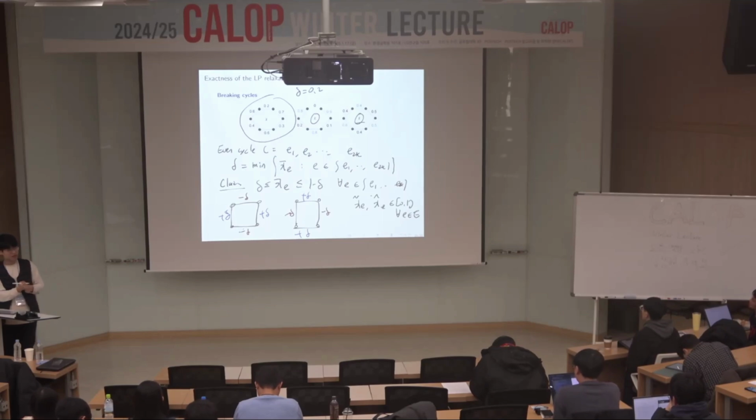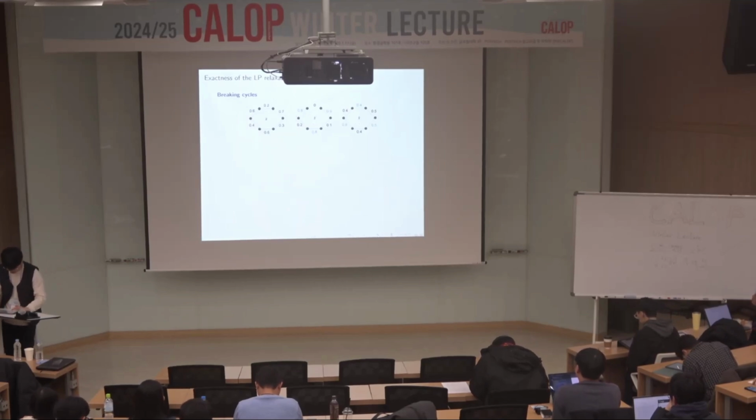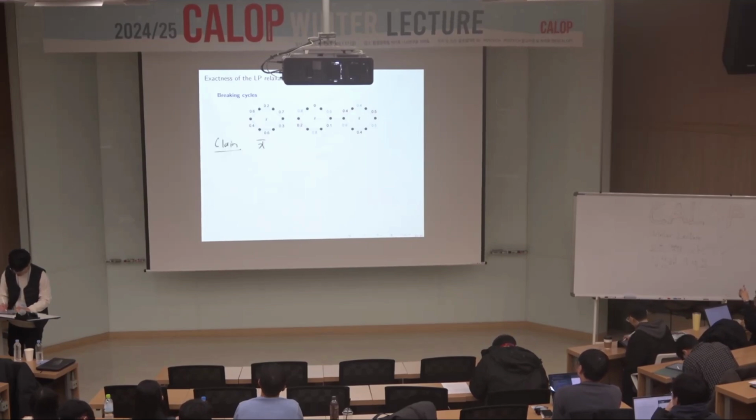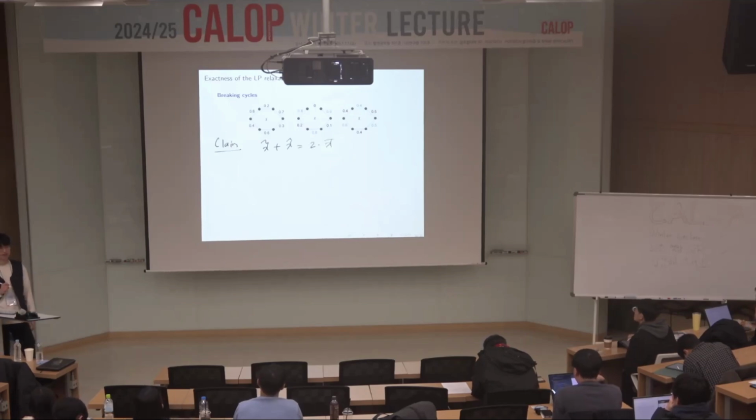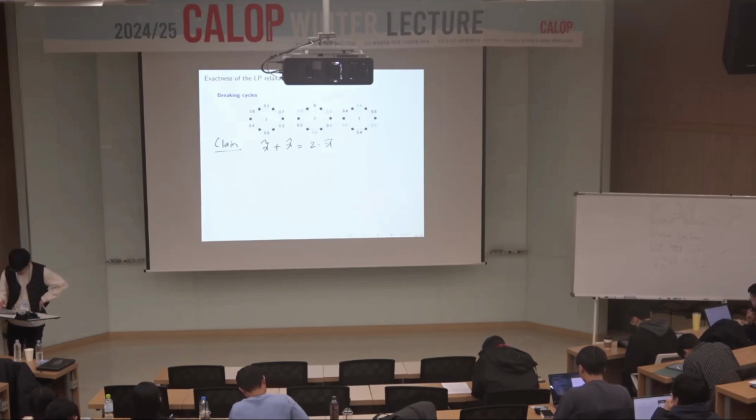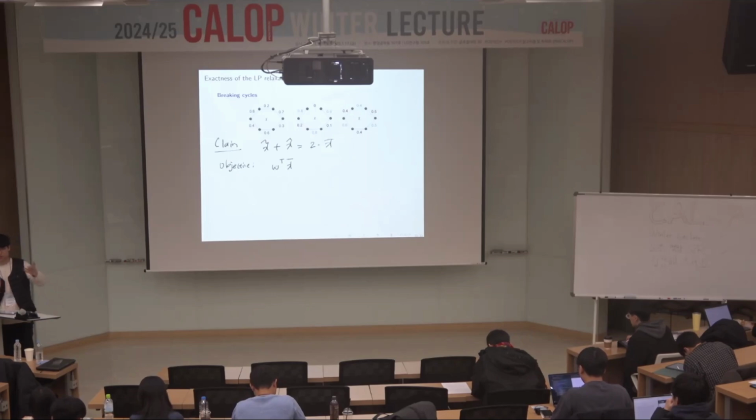Okay, but let me claim: if you add x tilde and x hat, that's 2 times x bar. This is what I know. And in fact, let's look at the objective. W transpose x tilde, a weighted summation of the variables.